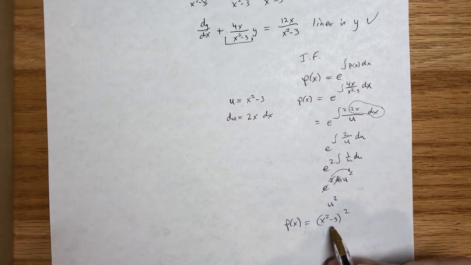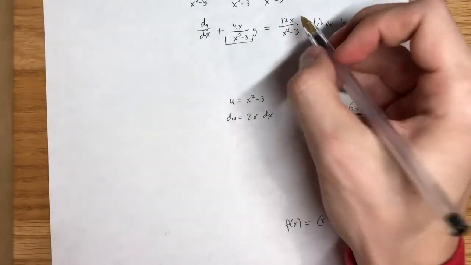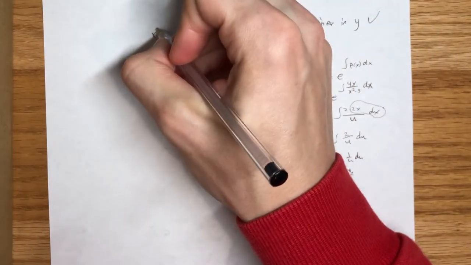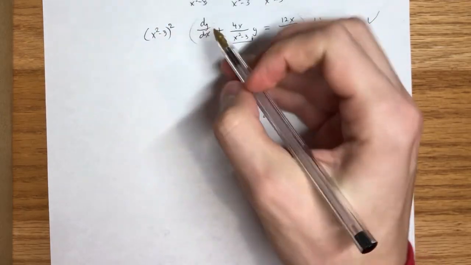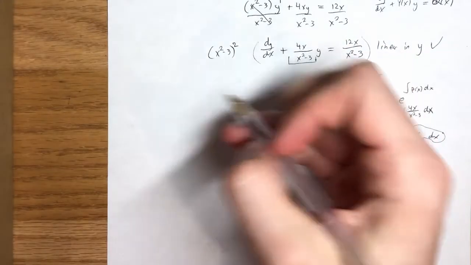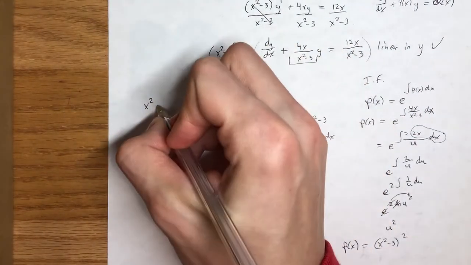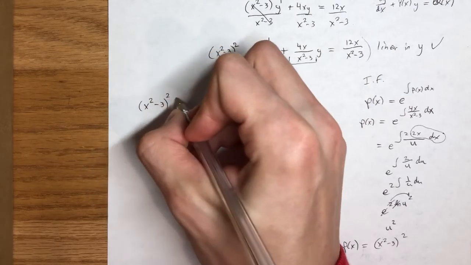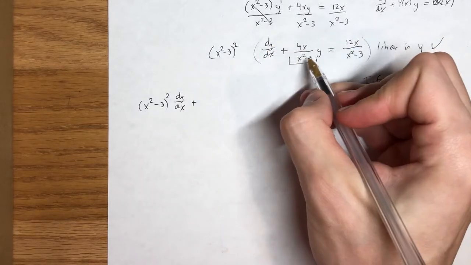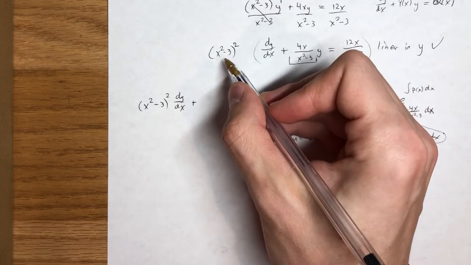So now that we have our integrating factor, what we want to do is multiply both sides by the integrating factor. So if I take that and multiply by x squared minus 3 squared on both sides and distribute, I'm going to get x squared minus 3 squared dy over dx plus, notice we have 1 on the bottom, we'll have 2 on the top, so 1 will cancel, so we're left with 1 on top.